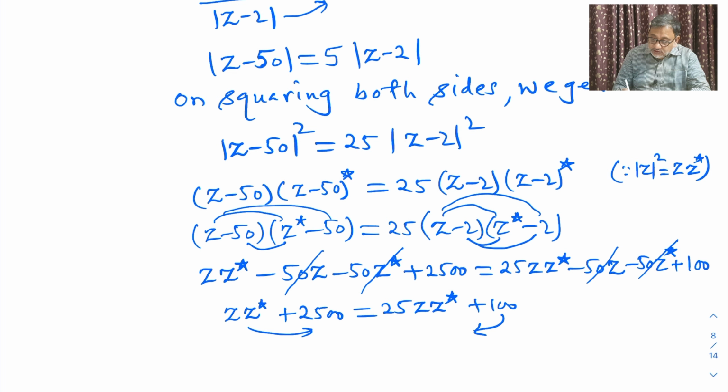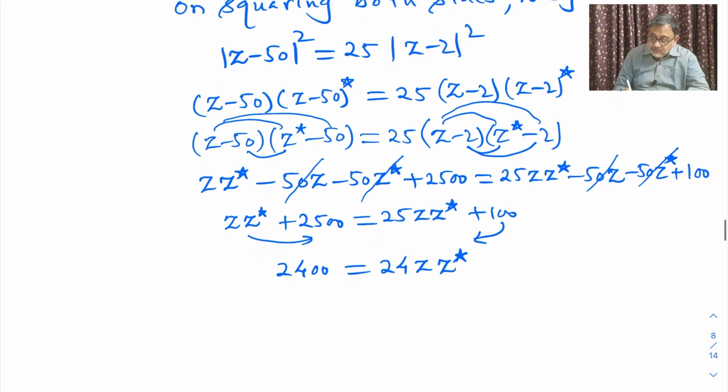So 2500 will become 2400 after subtracting 100, and 25 z z conjugate will become 24 z z conjugate. Now dividing by 24, we get z into z conjugate is equal to 2400 by 24, which will be 100.